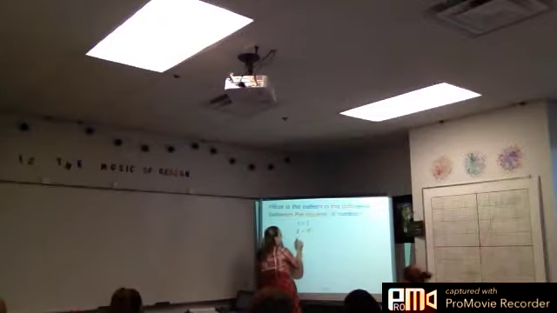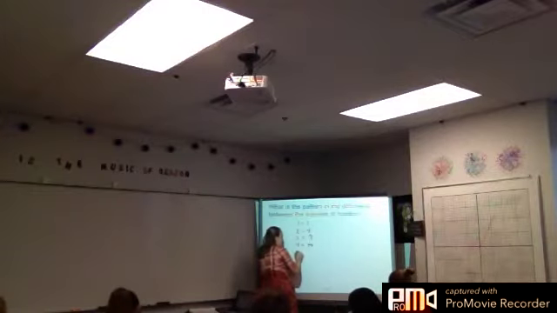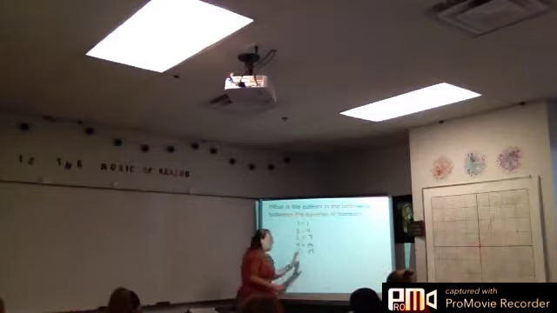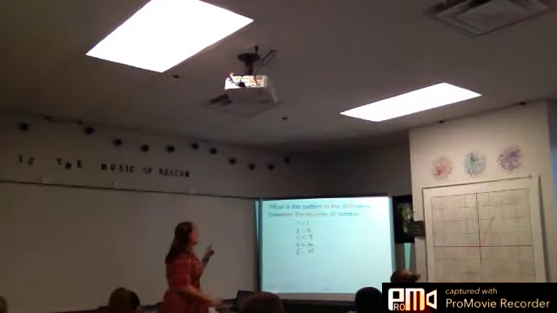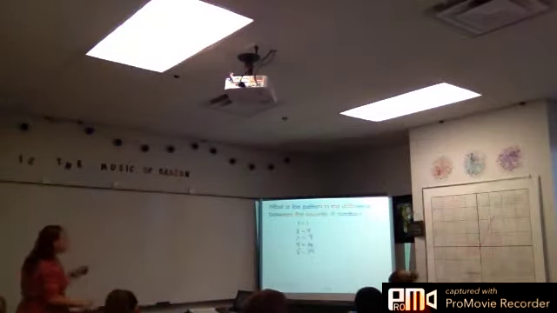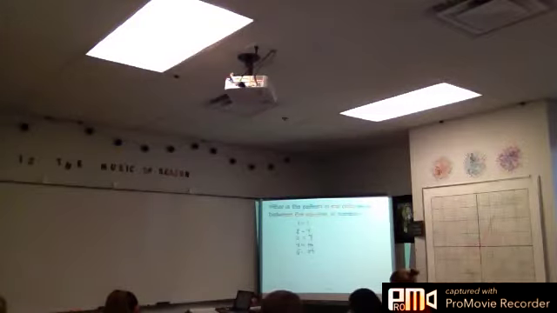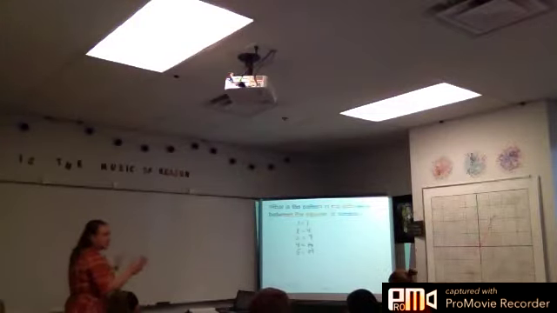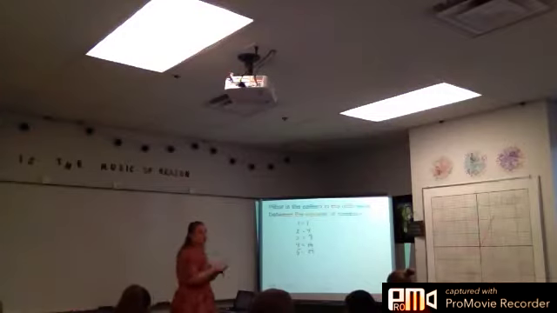What is the square of 3? 9. What is the square of 4? 16. What about 5? 25. I gave you some to look at. What pattern is happening here between the difference of the squares?